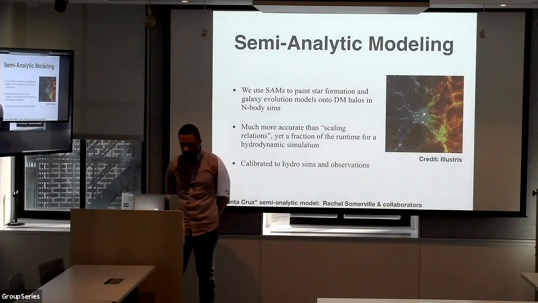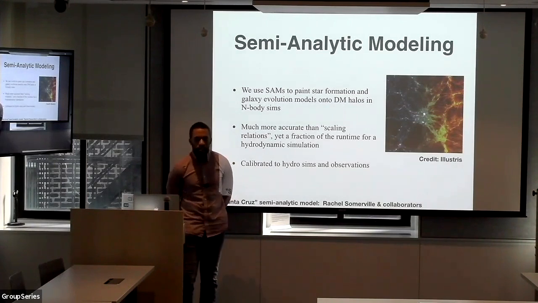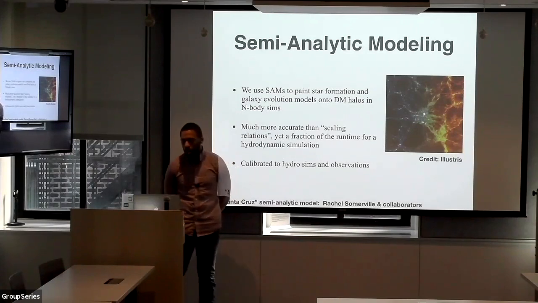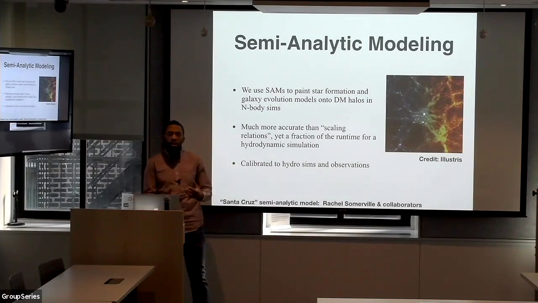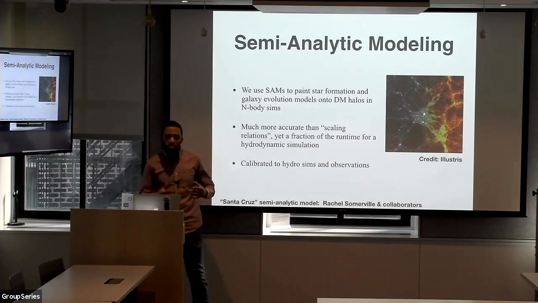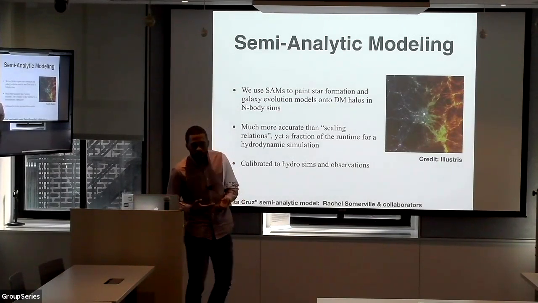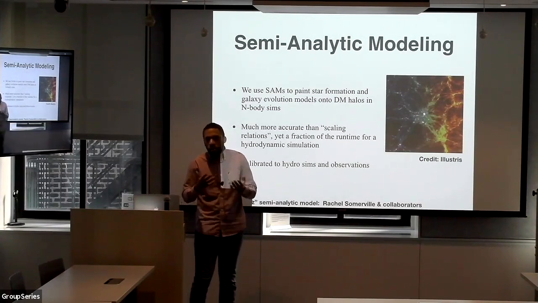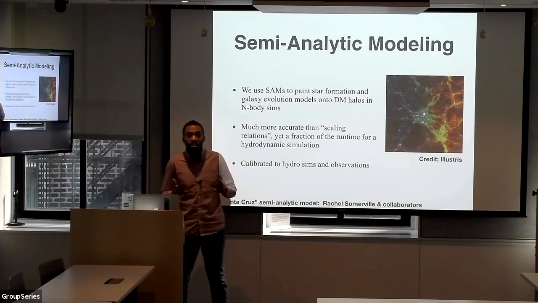In semi-analytic modeling, particularly in our case, you can use simulations to develop analytic schemes for how you would take, for example, a halo with a particular merger history and determine what galaxies exist within those halos, how the stellar evolution happened, and from there you would get spectra, where you can then say, okay, what would be the intensity in various lines and continuum.